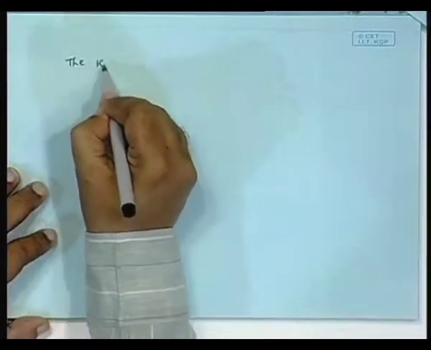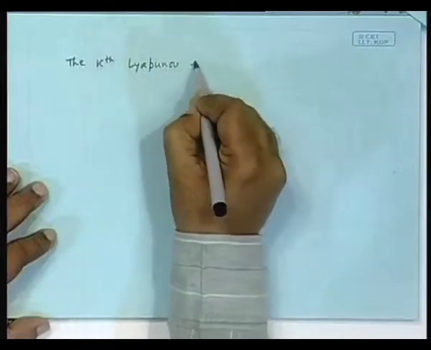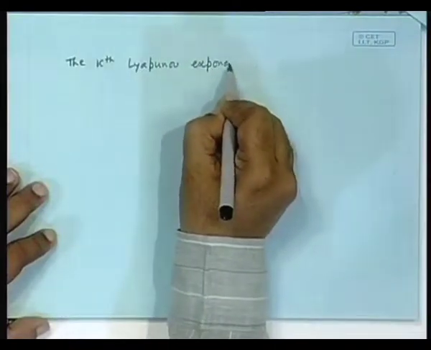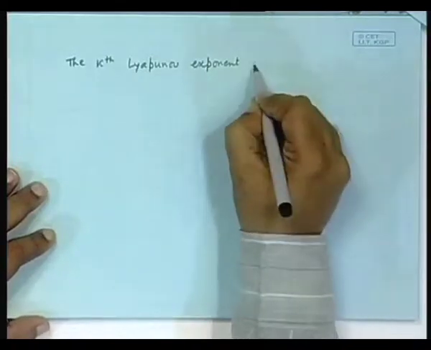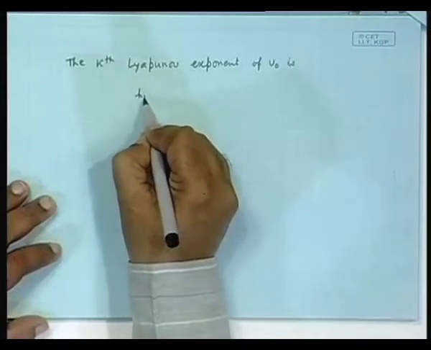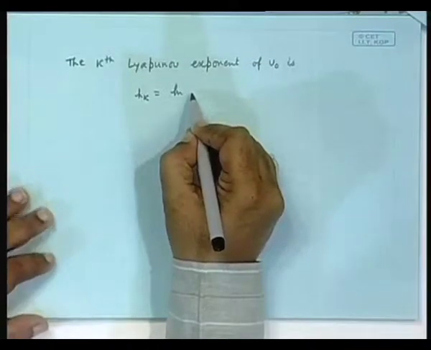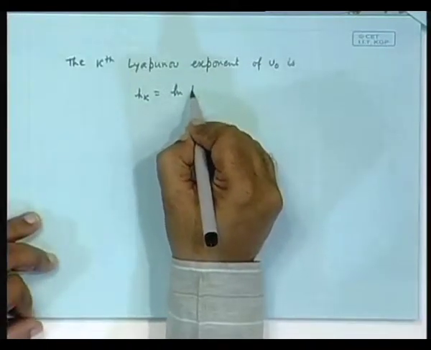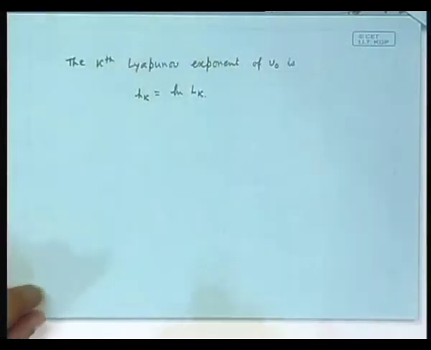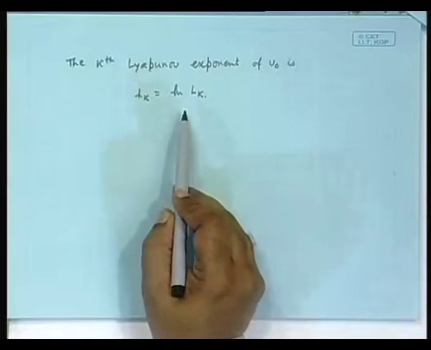Now then the kth Lyapunov exponent of V0 is, we say Hk is equal to ln of the Lyapunov number. The Lyapunov exponent is nothing but the natural logarithm of the Lyapunov number.